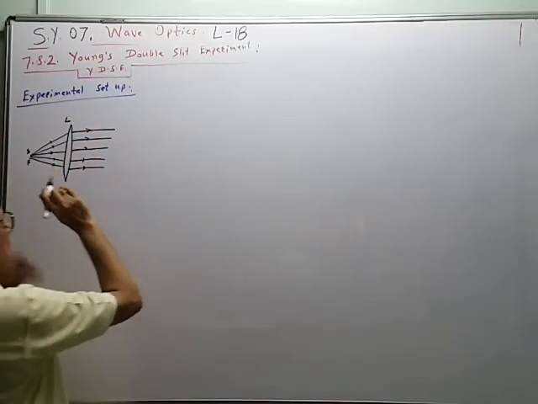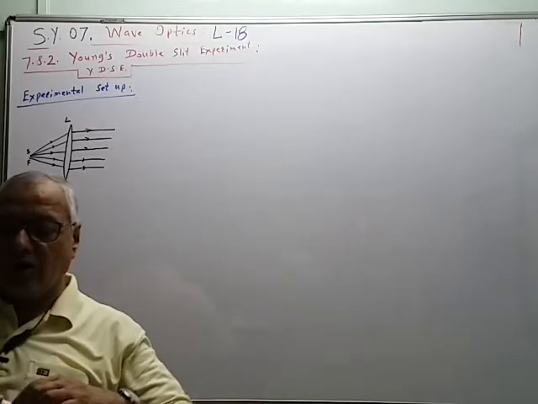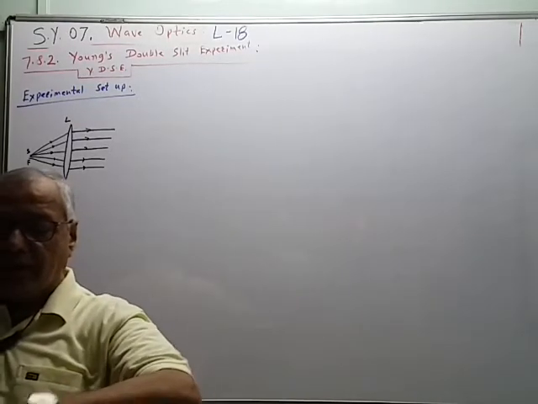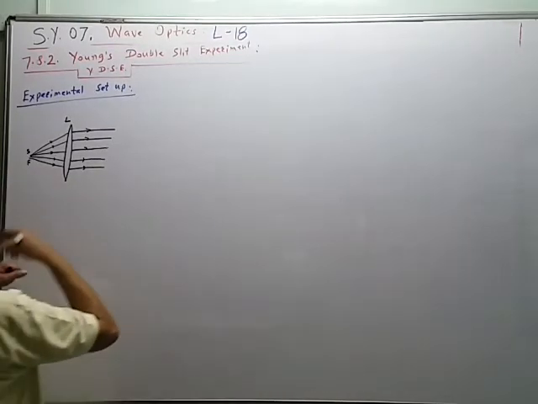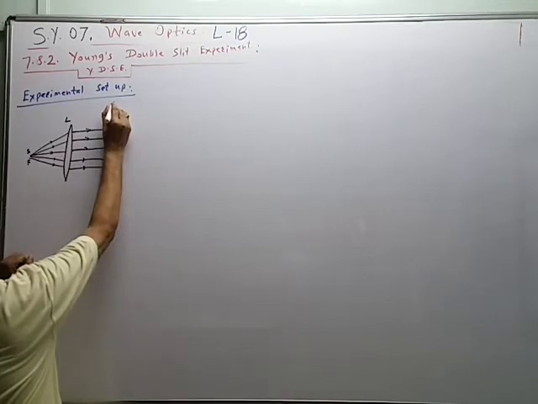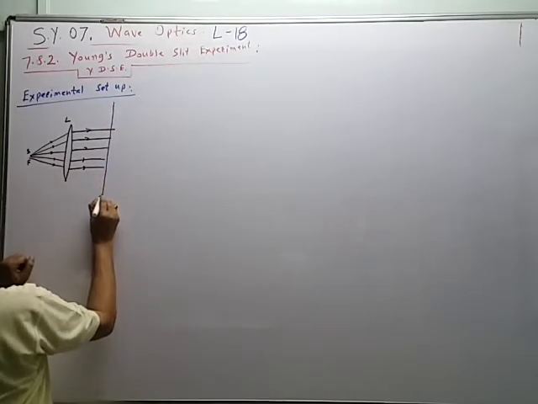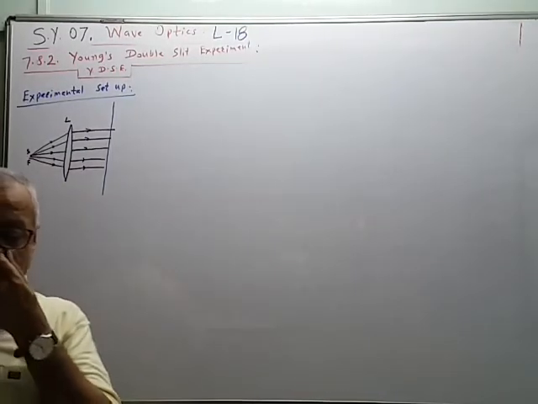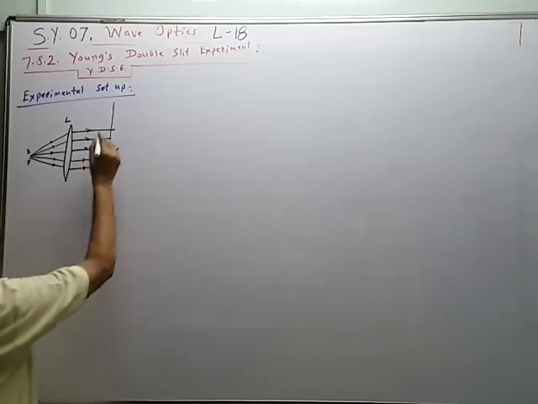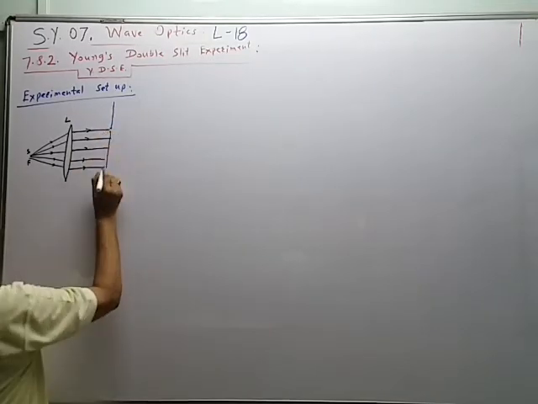Now this plane wavefront is incident on a screen having two slits. So this is the screen, like this. It is having two slits. Say one slit is here and other slit is here.